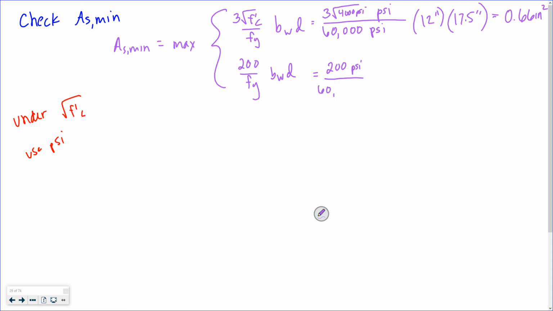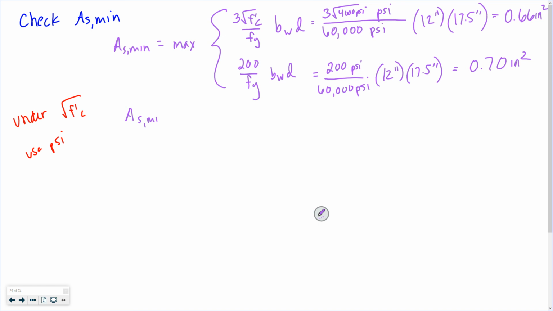So, 200 psi over 60,000 psi times 12 inches times 17.5. I get to use the maximum, so let's see.